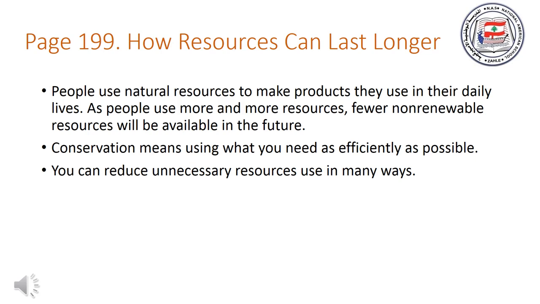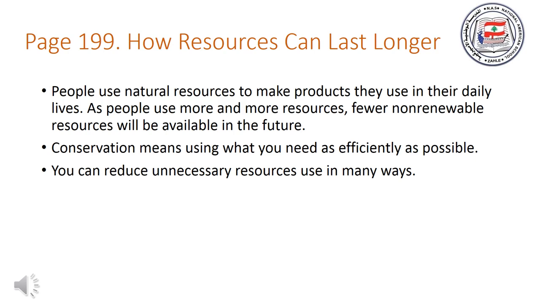As we said, non-renewable resources exist in limited amounts, and when they are used, they cannot be replaced easily or in a short period of time. They need millions of years to be formed by nature. So for that, we should save these non-renewable resources.